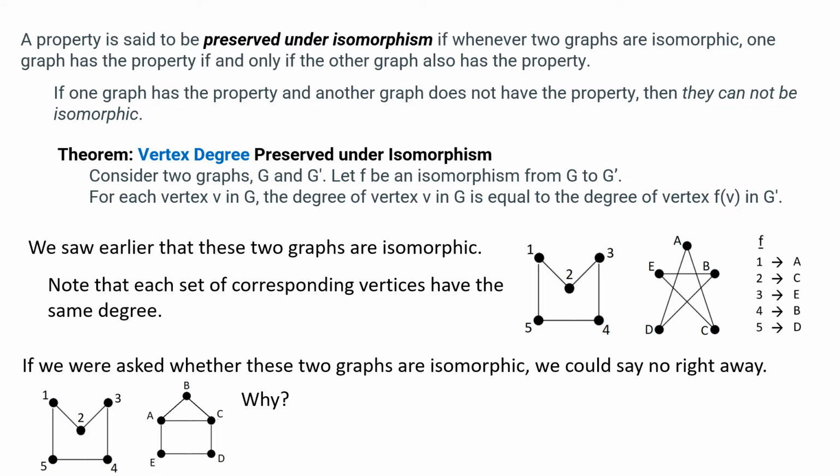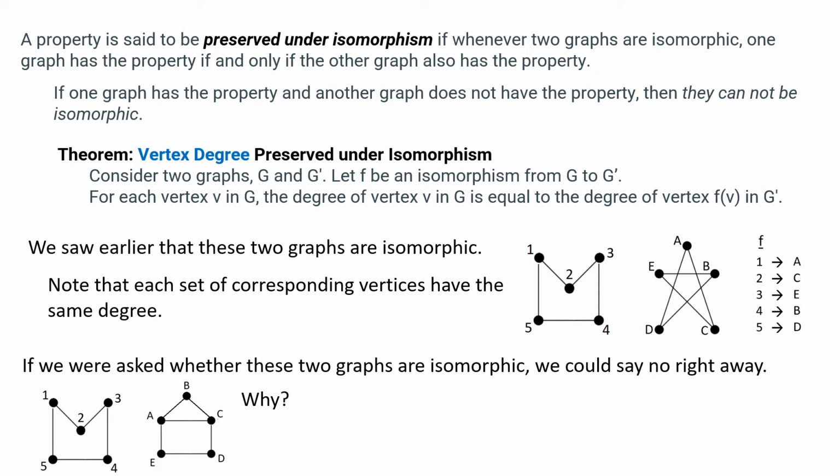But now that we know this theorem that says vertex degree is preserved under isomorphism, we could look at these two graphs and say there does not exist a correspondence that would show that these two graphs are isomorphic. And why is that?